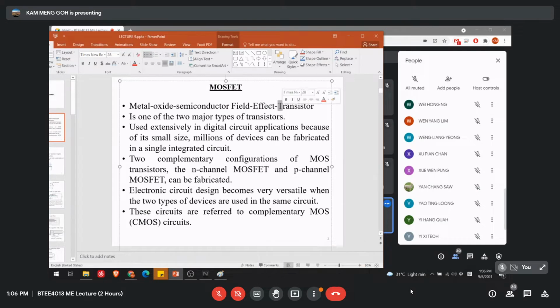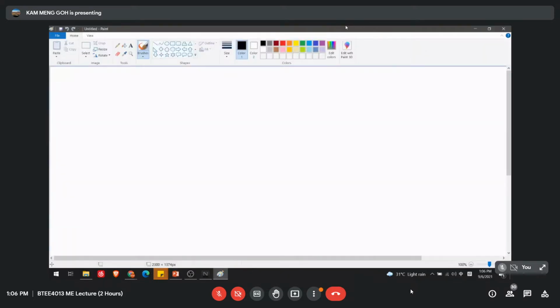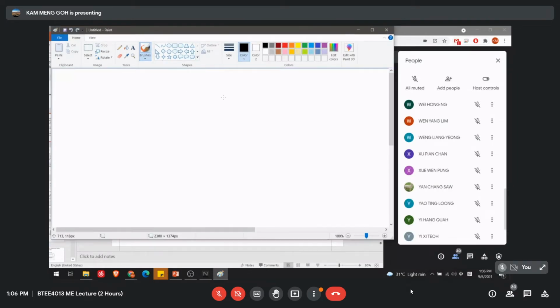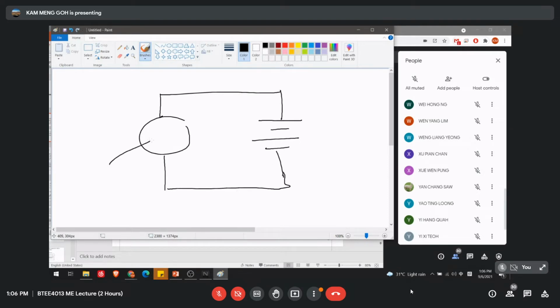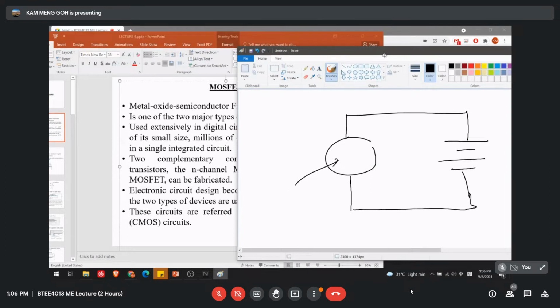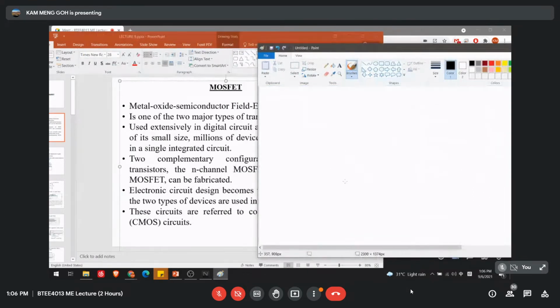Why does it say so? Imagine that this is your circuit. Your transistor is somewhere around here. But how does the transistor look like in the semiconductor aspect? Normally, when we are talking about a transistor, you will have a layer of metal.